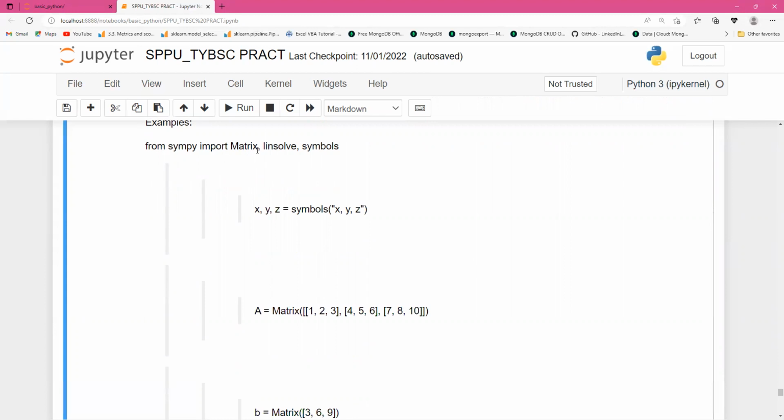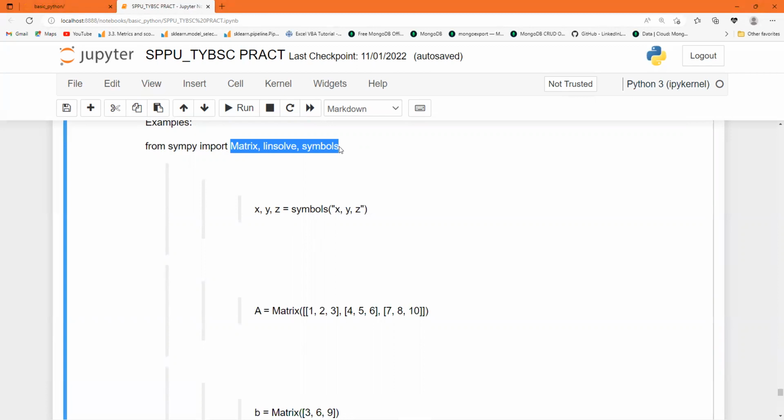From sympy we have to import the Matrix, linsolve method and symbols also. These are the three functions in the SymPy library, and we have imported these three functions directly.